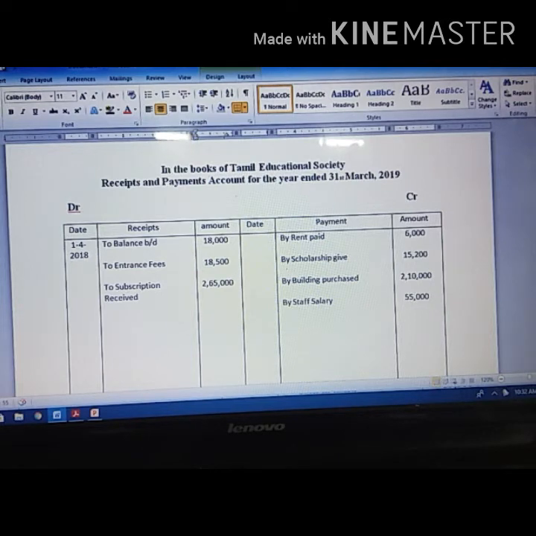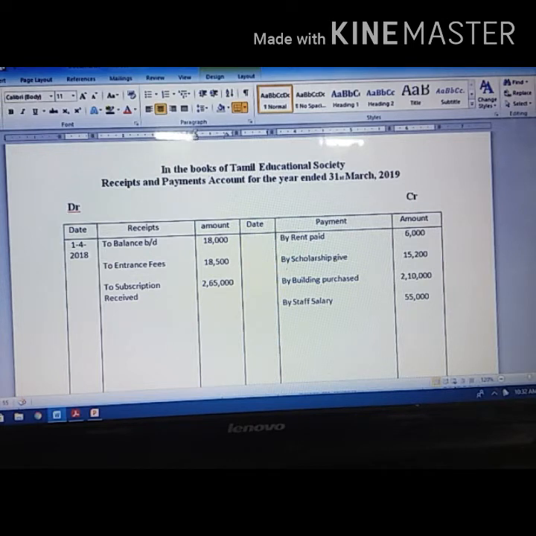Then building purchase is a payment, so we show this amount on the credit side. Then staff salary is also a payment, so we show it on the credit side. Then subscription receipt is a receipt, so we show it on the receipt side. So that's it, all the items are entered.